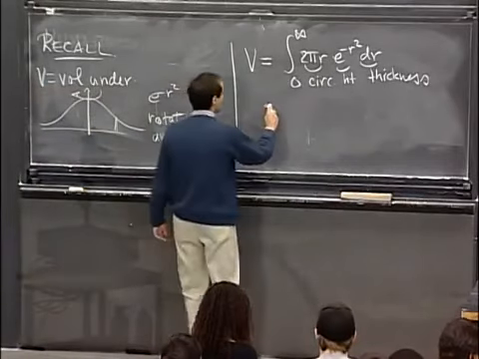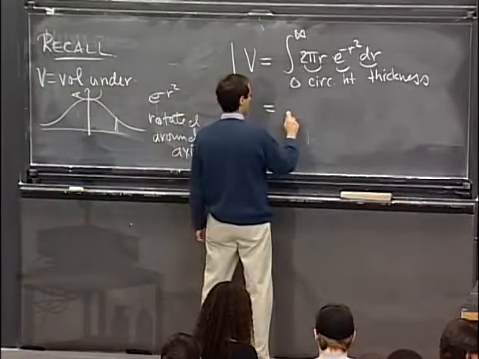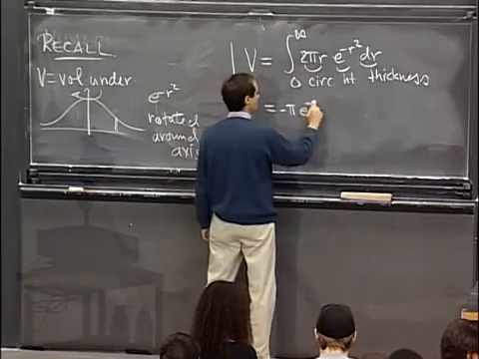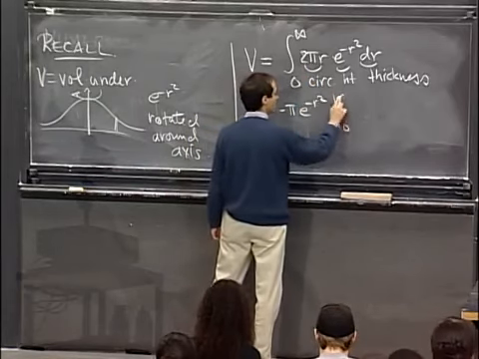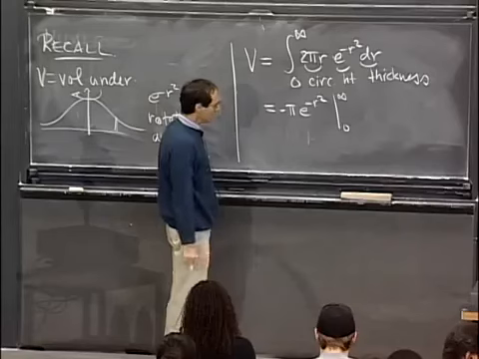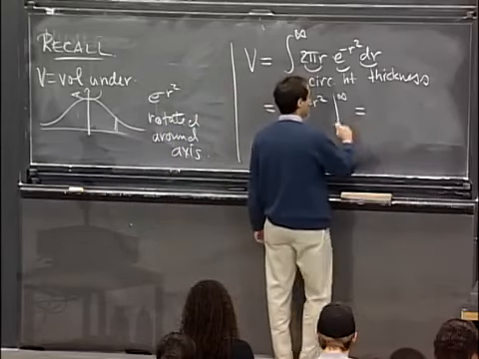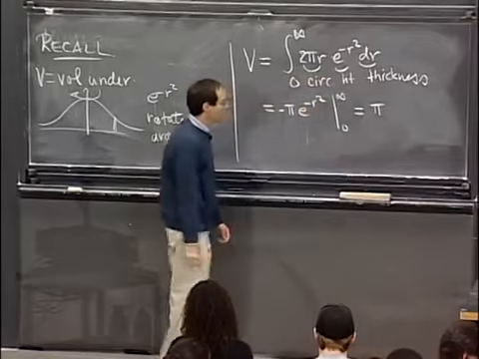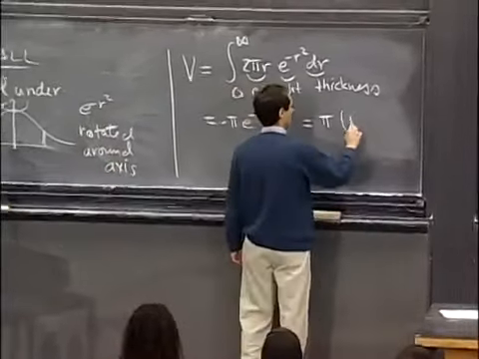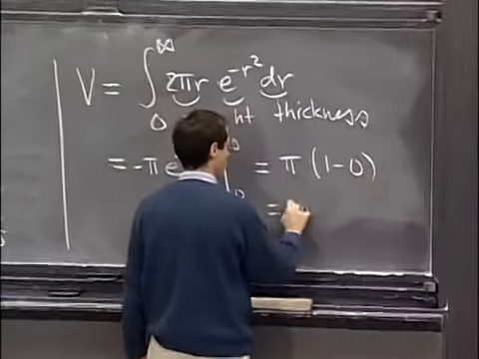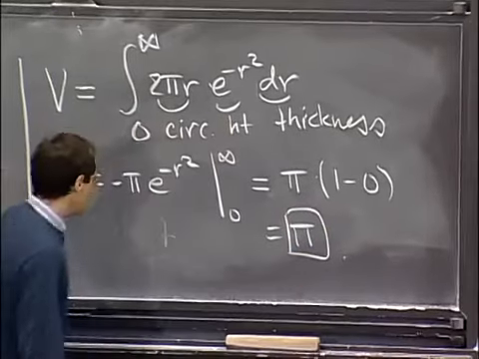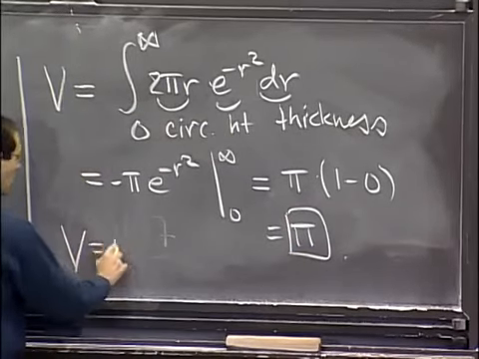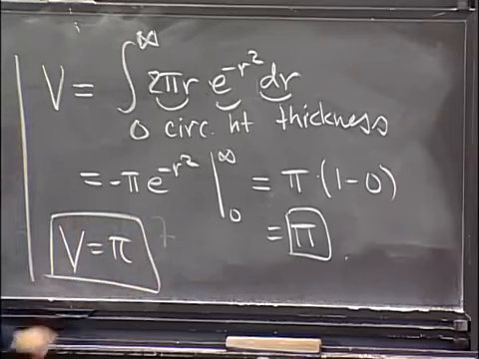And then this antiderivative is pi minus pi e to the minus r squared, evaluated at 0 and infinity. And we worked this out last time. This is pi times 1 minus 0, which is pi. So the conclusion is that V is equal to pi. We already know that.